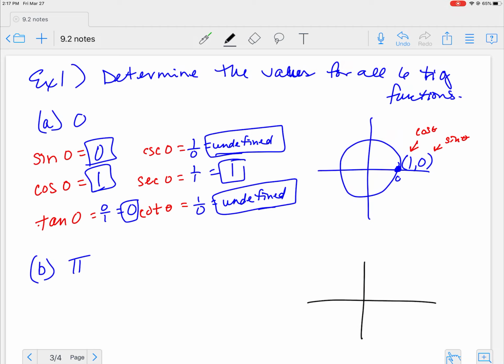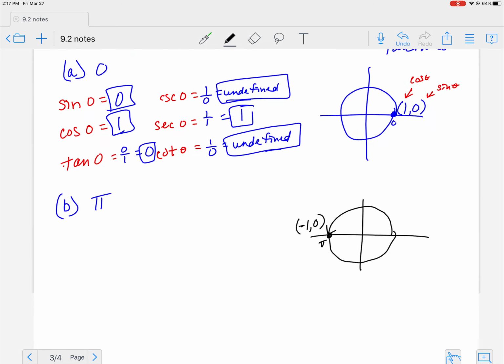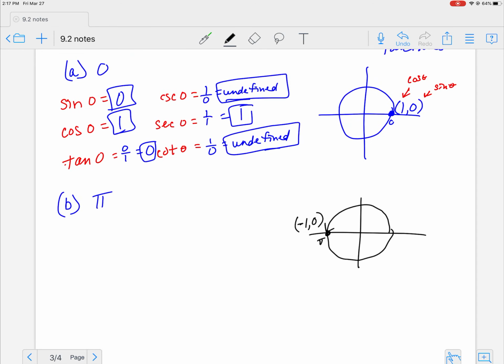What if pi is the angle measure that we're going for? So if I have my grid again, I know pi is over here at 180. So if I have this angle that we're talking about here in a unit circle, this would be the coordinate point -1, 0.